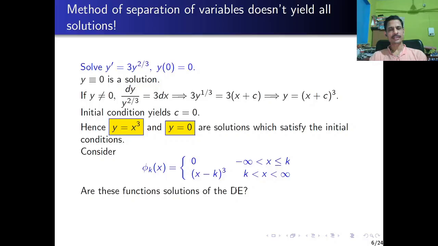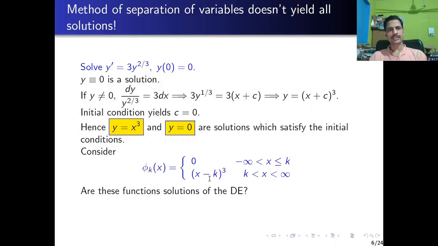You can see that this is differentiable. So what I'm talking about is y is equal to phi_k(x), where phi_k(x) is given by this. Since the cube is appearing here, this is also a solution of the differential equation.